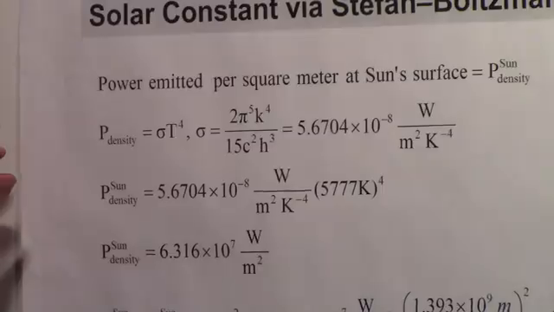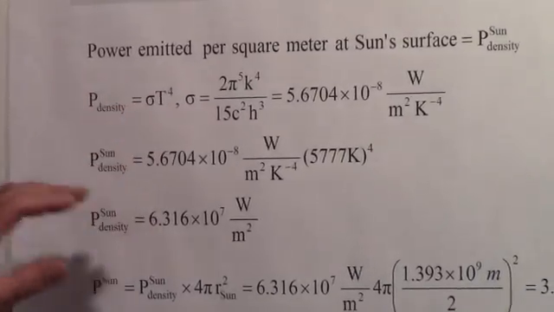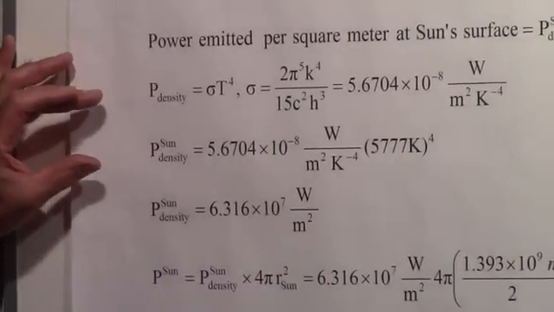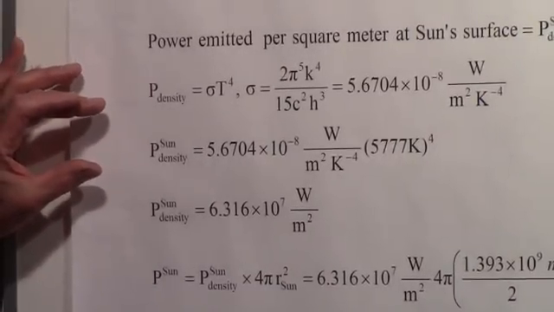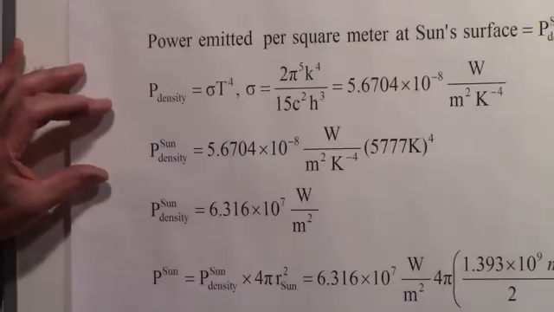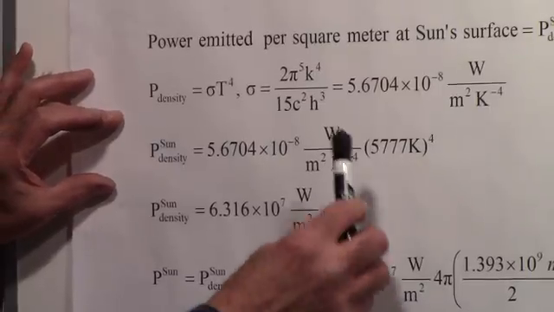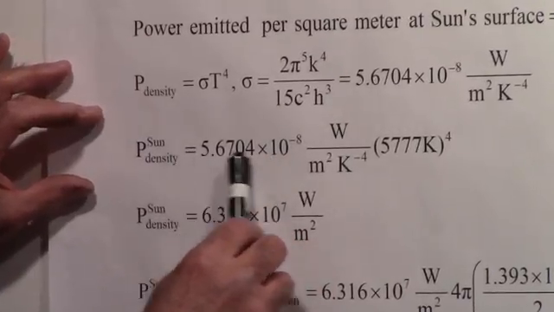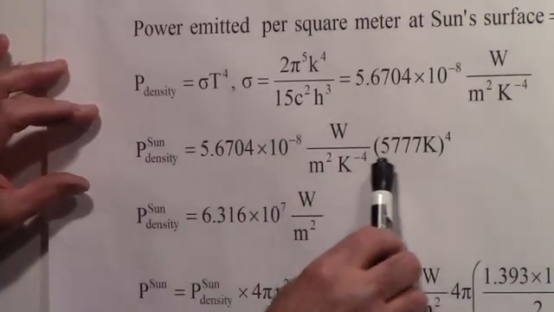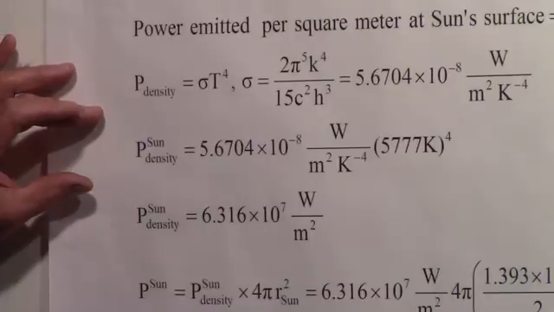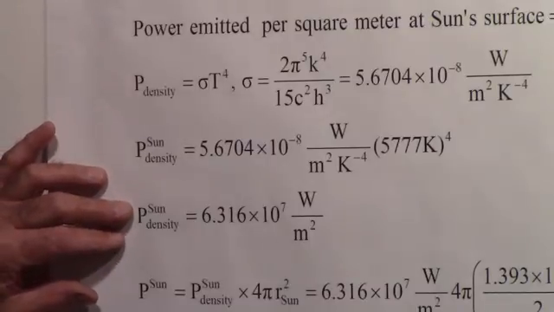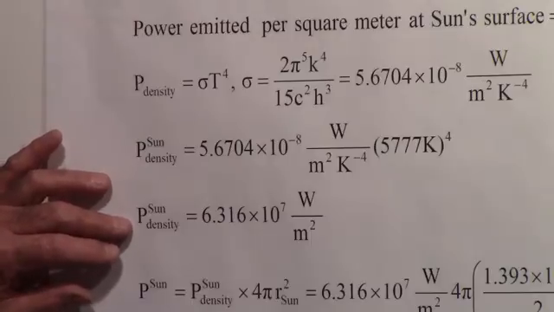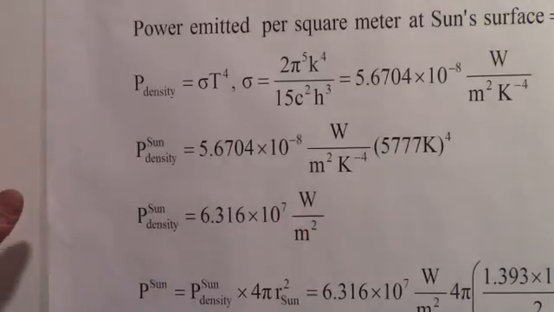And we can work that out. So we have the Stefan Boltzmann constant here, we're multiplying by the temperature to the fourth power, and we wind up with the power from the sun density, watts per meter squared.